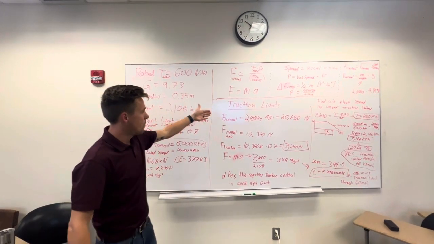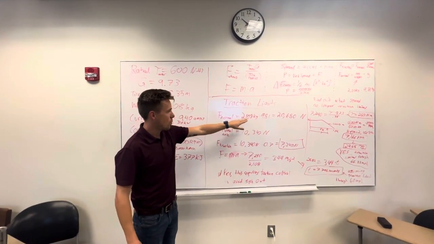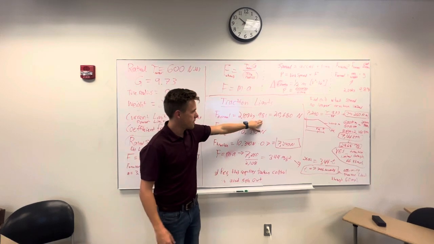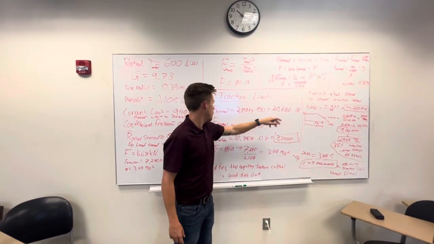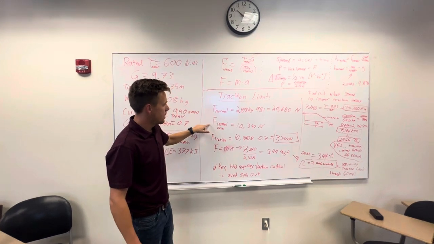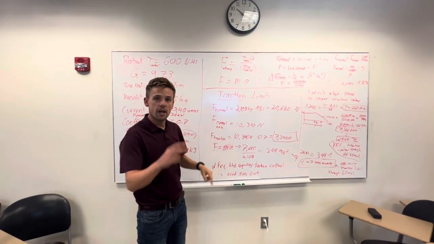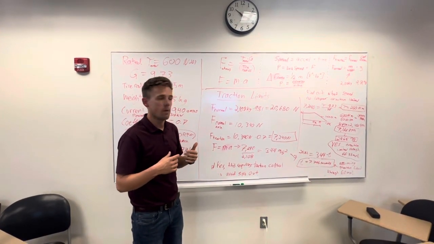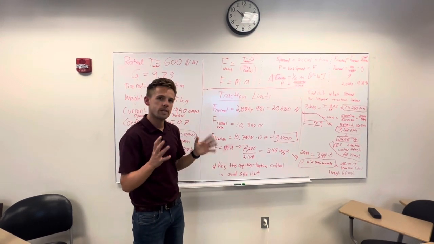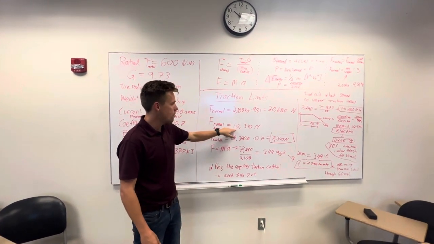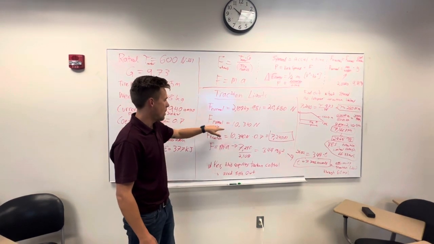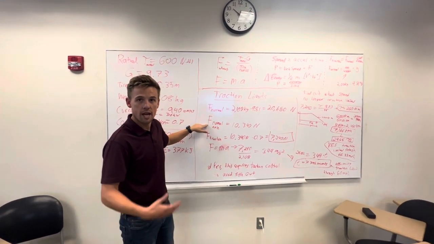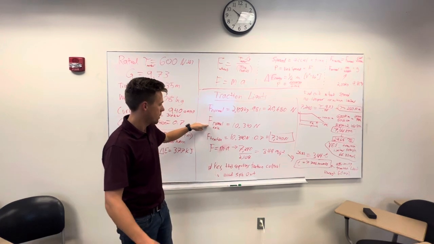So now we need to go over here and we take the weight of the vehicle times gravity, and you get your normal force of the entire vehicle. This right here is dividing by 2 because we're saying it's only a 2-wheel drive, and we're treating the axle as 1 wheel, even though there's technically 2. So half of the normal force is on the axle that has the traction, that has the drive power, the torque, okay?